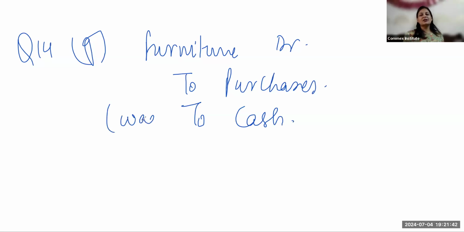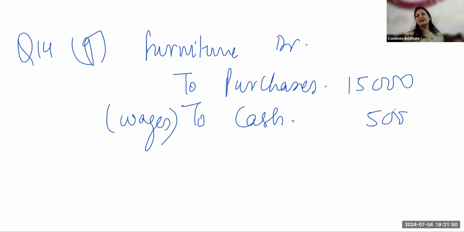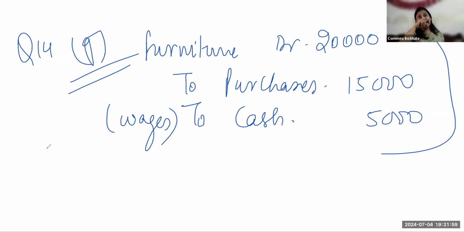This is wages. This is goods used for our own furniture. 15,000, 5,000. This is personally my favorite entry, which I give in the test. Yes, because any expense for construction of an asset will be added to the cost of the asset only till it is put to use. Okay, this is my favorite entry.